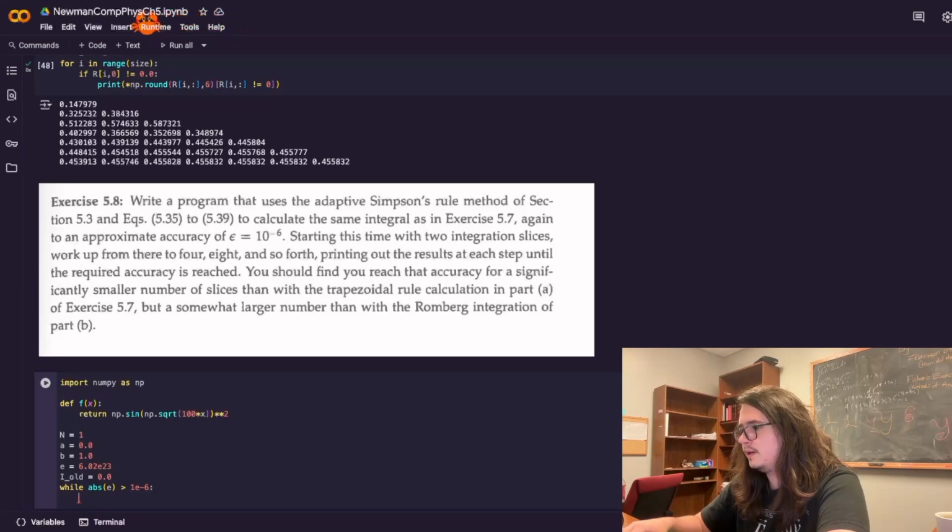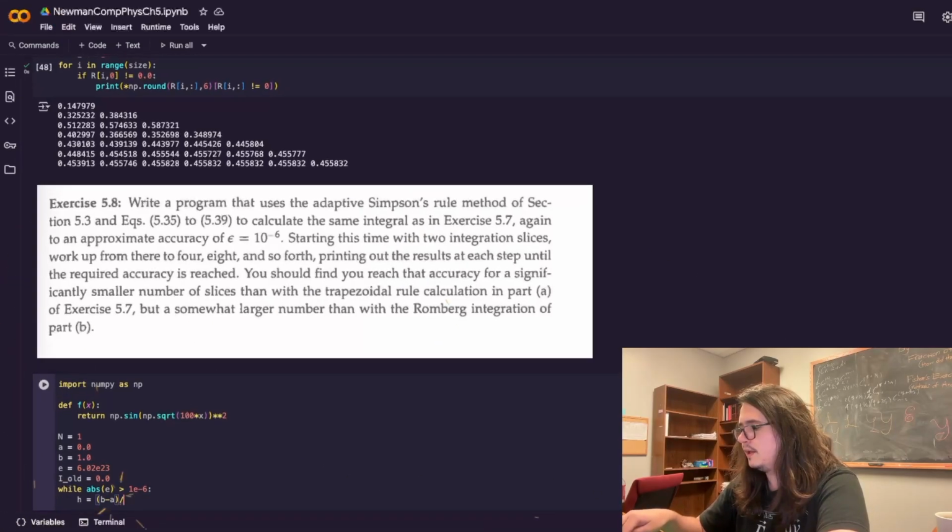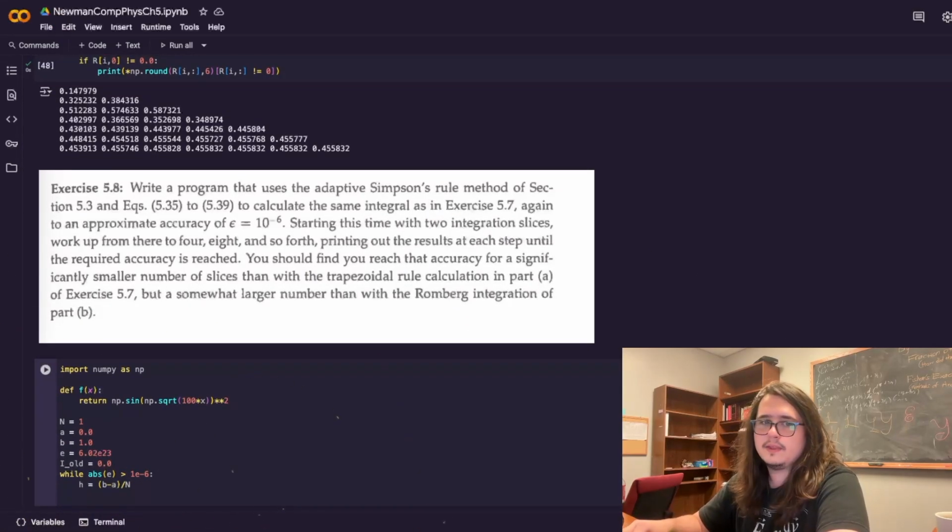we do h equals (b minus a) over n, and then to calculate the integral, there's a couple of different variables that we have to define. So first of all is this s guy here.